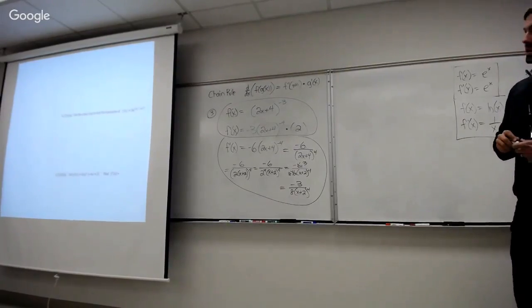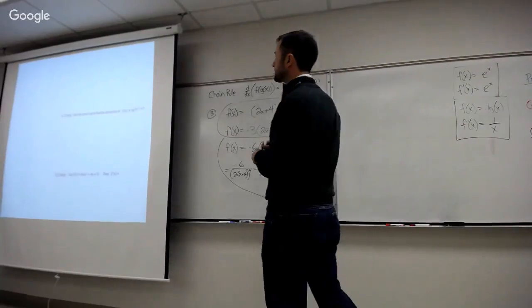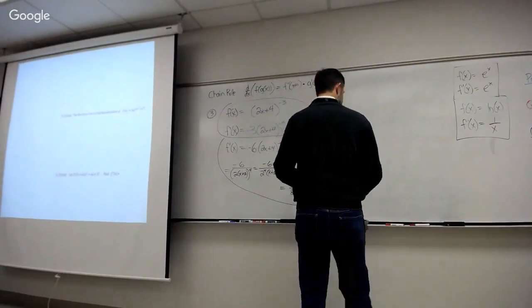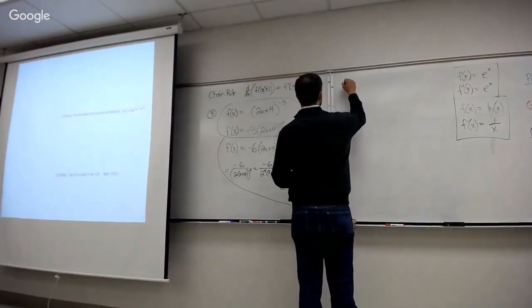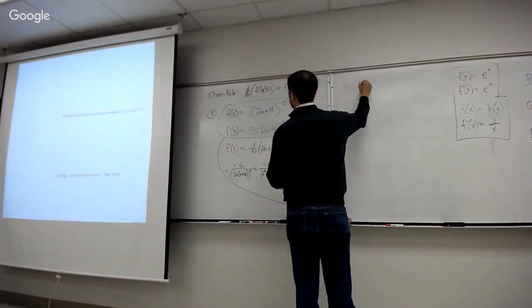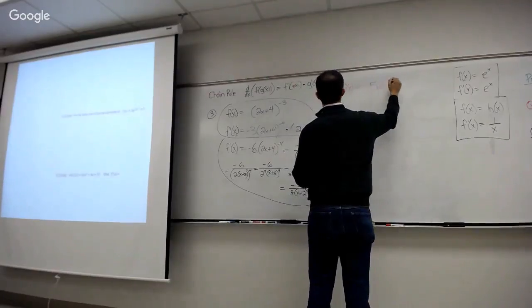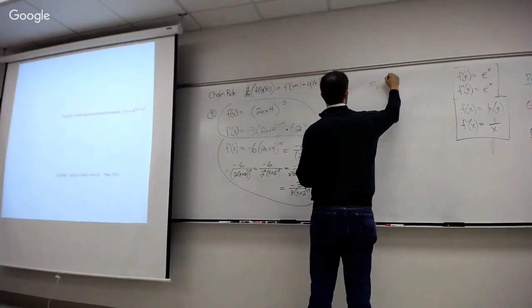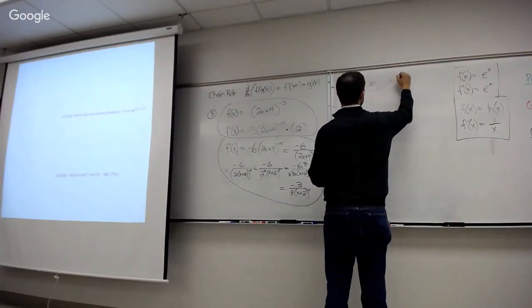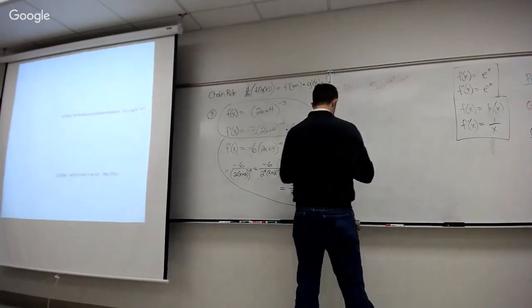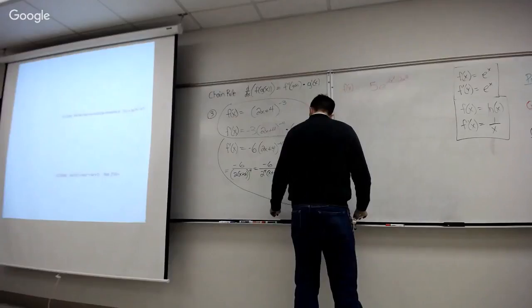So these are 2 rules that we're going to start using more. So let's go ahead and try the first one. Use the chain rule to find the derivative of f of x equals 5e to the 2x to the 7th minus 2x to the 8th. Okay, so here's the question. What's the outside function?